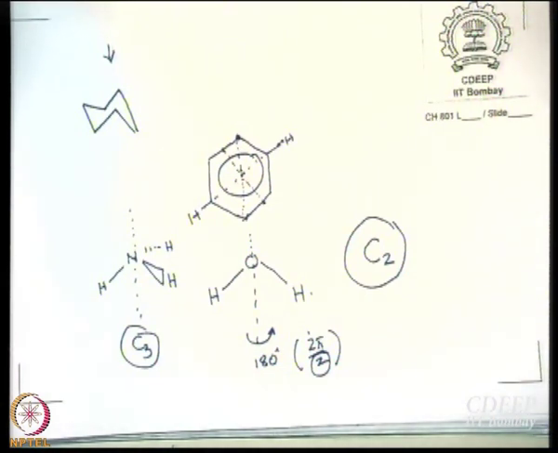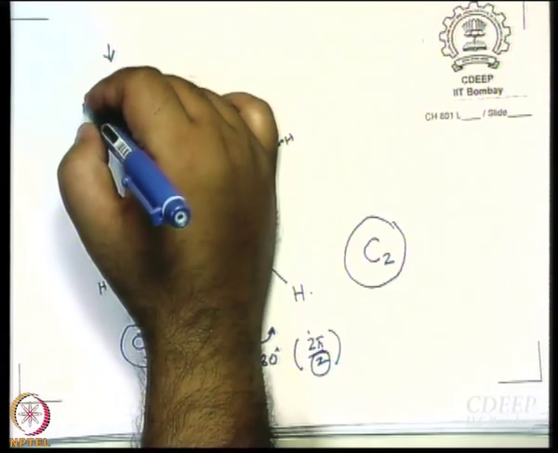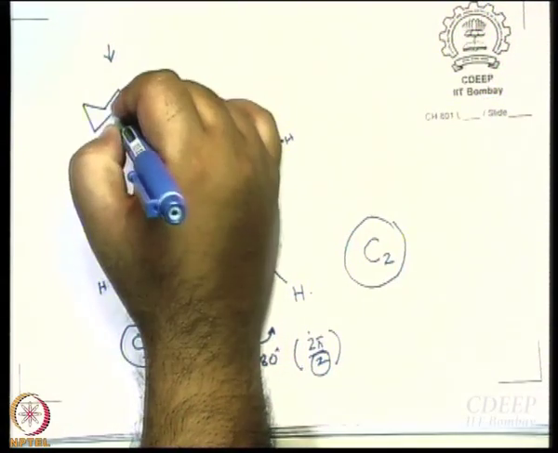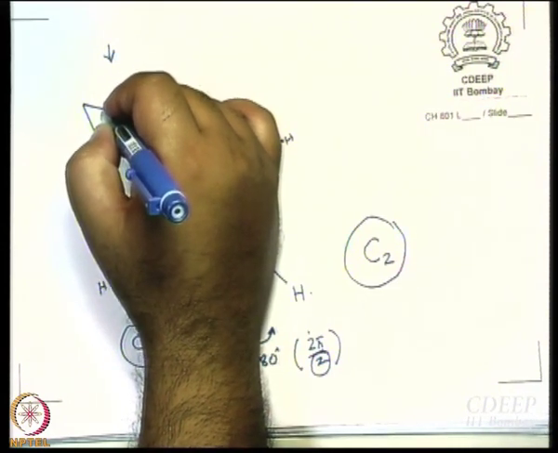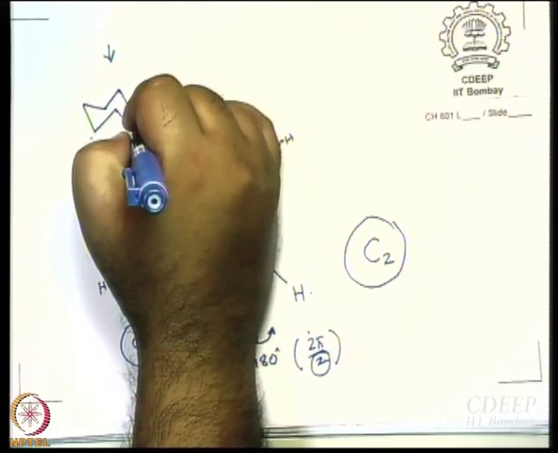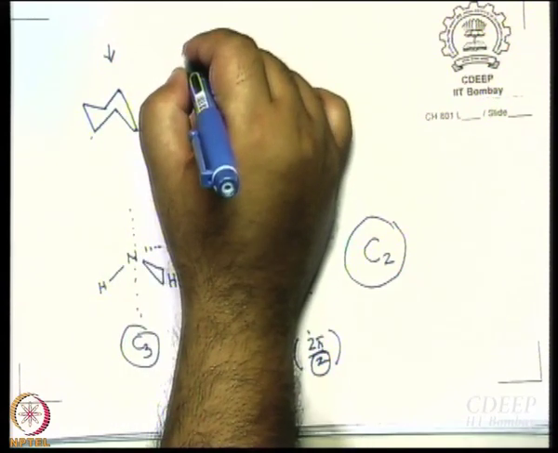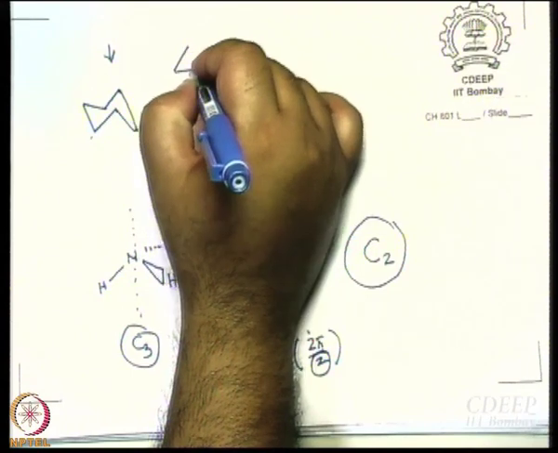Okay, what would you see? You would see, forget the hydrogen atoms for now, you would see these 3 carbon atoms, right? And then far away you would see these 3 carbon atoms, right? And if you just join them by the line, this is what they look like, right?